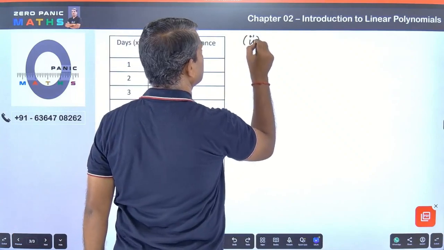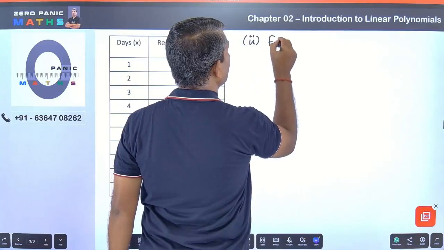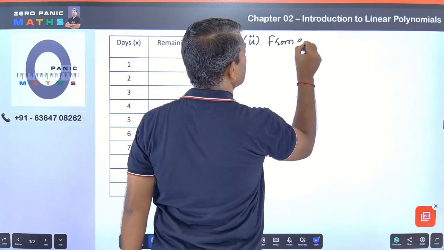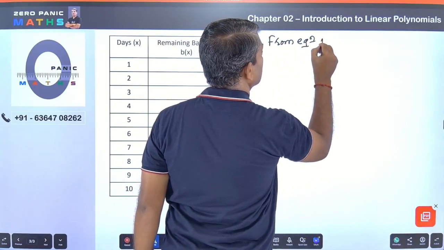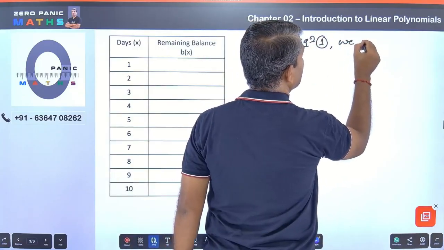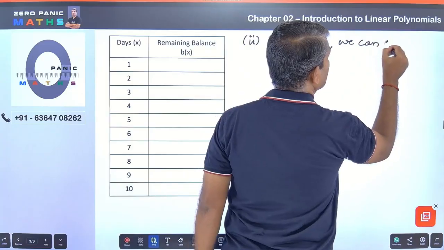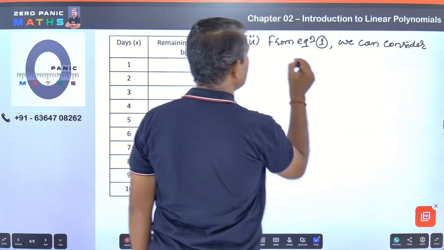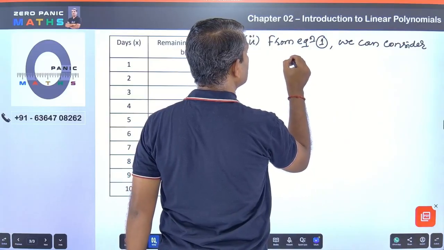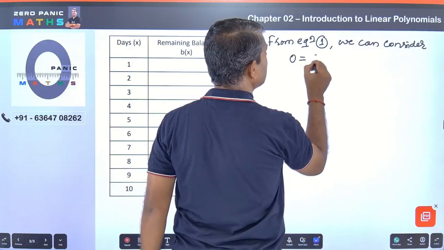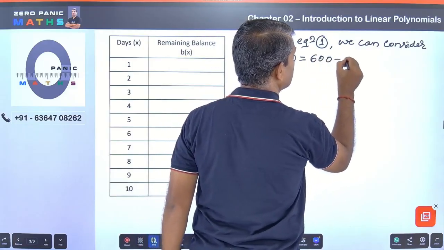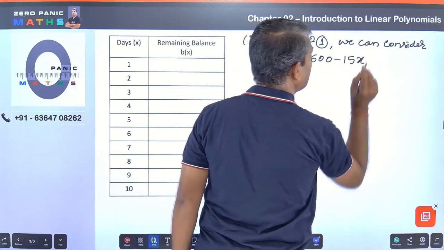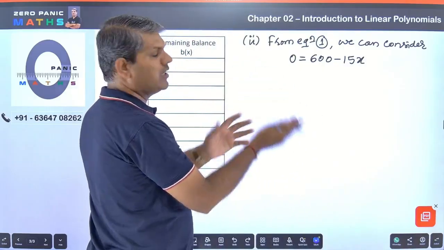Second question, from equation 1 we can consider that the balance is equal to 0, right? I'll just write it the way it was previously, and later we can convert it the way we want.